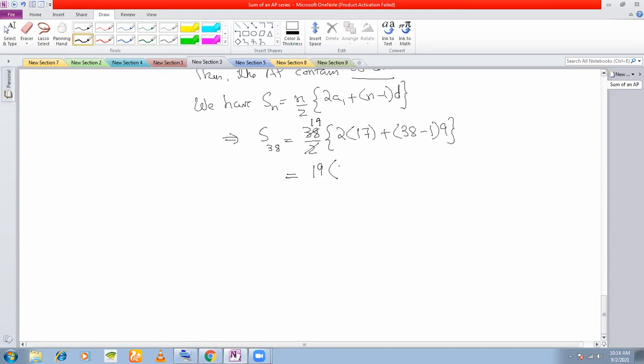So 19 times 34 plus, we give curly brackets only here, 37 into 9. 19 times 34 plus 37 into 9 will give you 333, which is 19 into 367, which is 6,973.